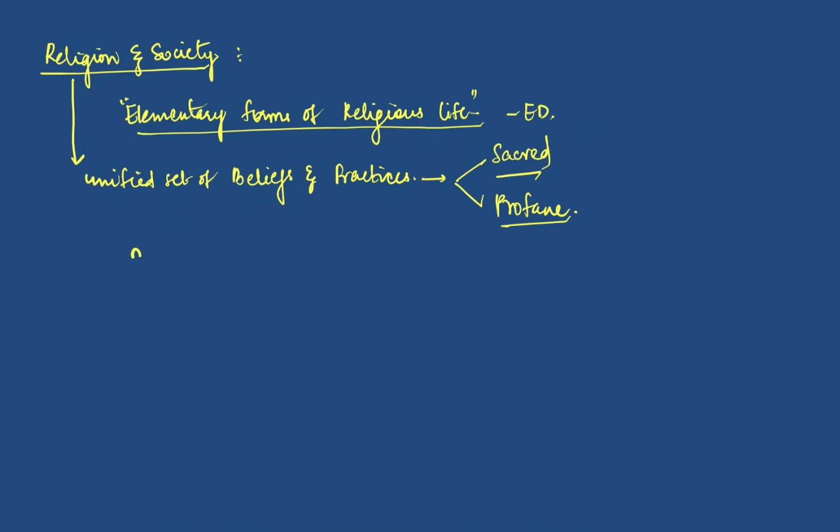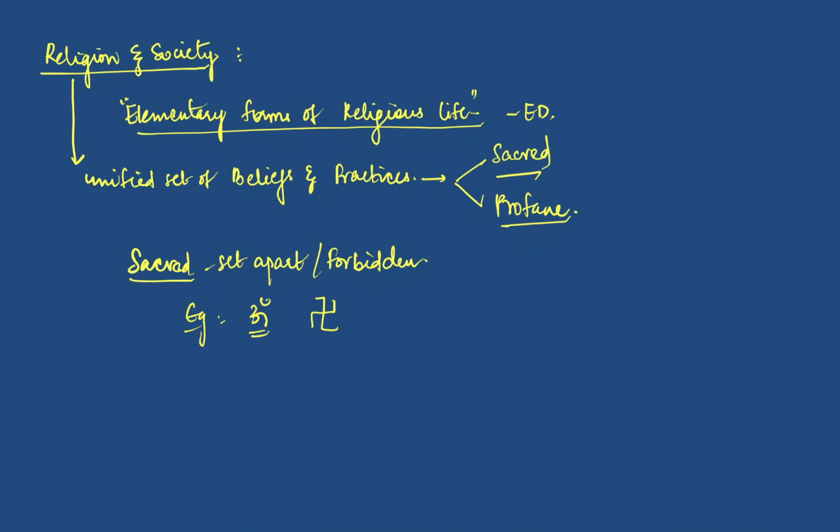So for him, sacred is something that is set apart or forbidden. Example, you know, Om, right? This thing, or the swastik mark. These are all very sacred, right? We don't usually write them anywhere which is not considered to be pure, right?